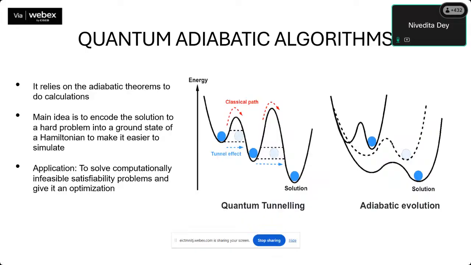Simulation algorithms, just have a look into that. Adiabatic algorithms. And one more thing I want to mention, the concept of tunneling. Tunneling relates to the concept of simulated annealing, which you must have in computer science. It is one of the techniques used in optimization.